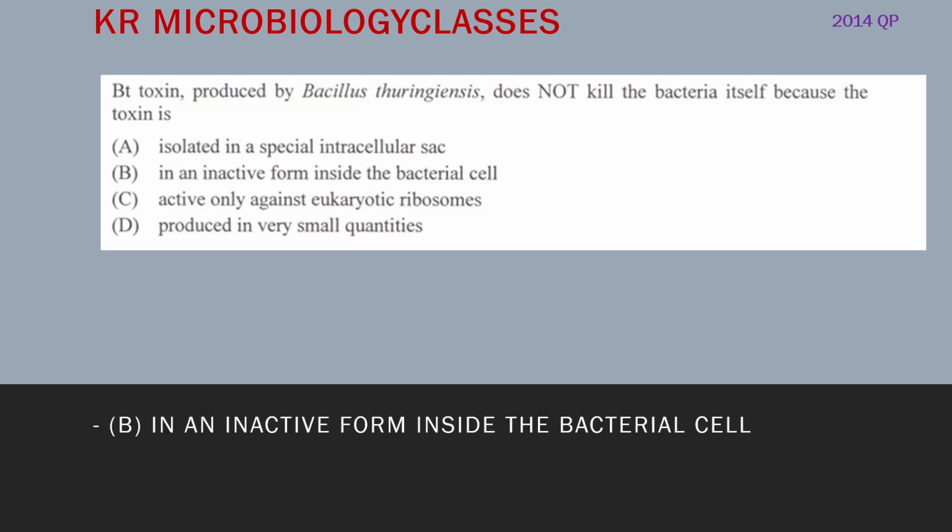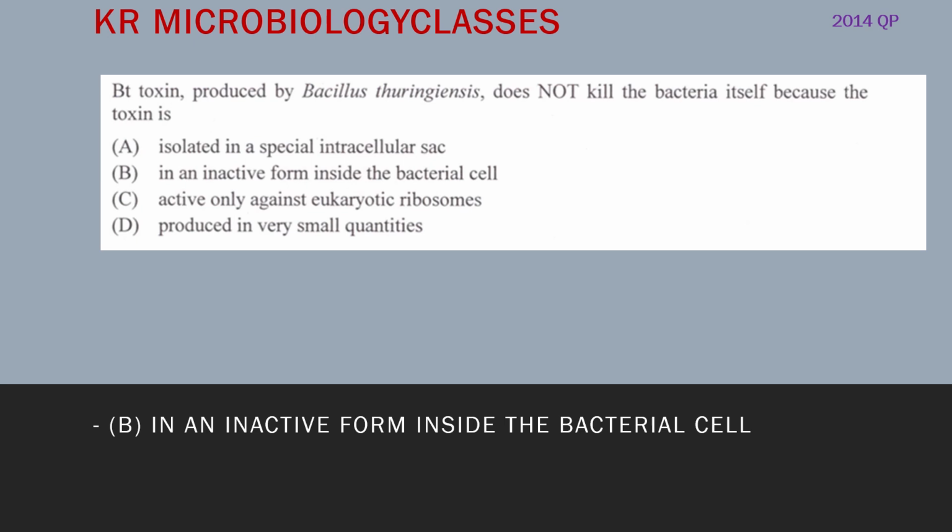The next question is: Bt toxin produced by Bacillus thuringiensis does not kill the bacteria itself because the toxin is: option A, isolated in a special intracellular sac; option B, in an inactive form inside the bacterial cell; option C, active only against eukaryotic ribosomes; option D, produced in very small quantities.